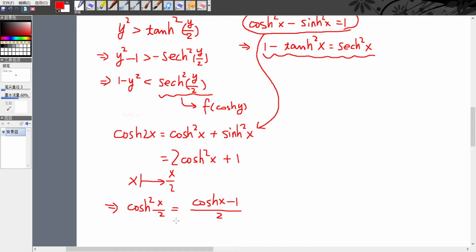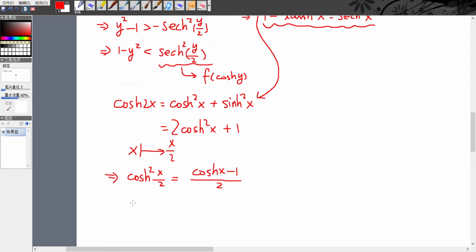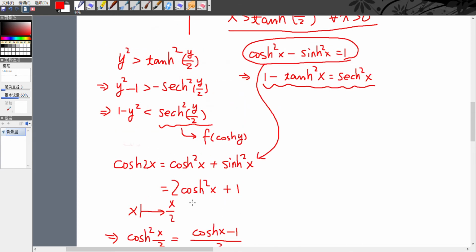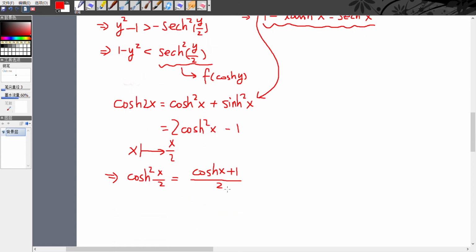Let me see if I did this correctly. Wait a second. Oh, it's minus 1 in the double angle formula, but yes, it is plus 1 here.